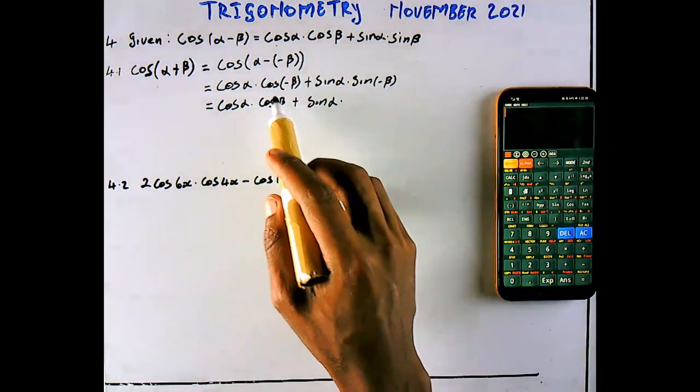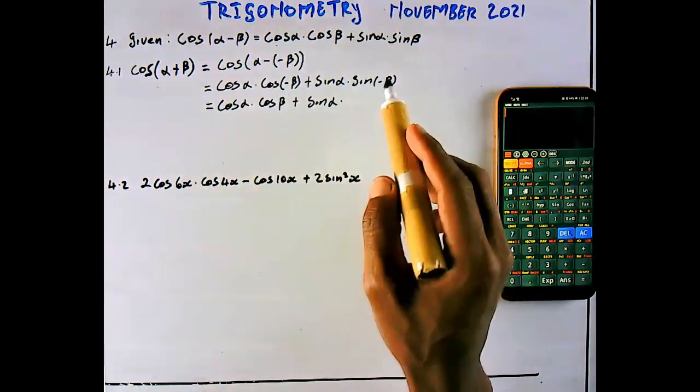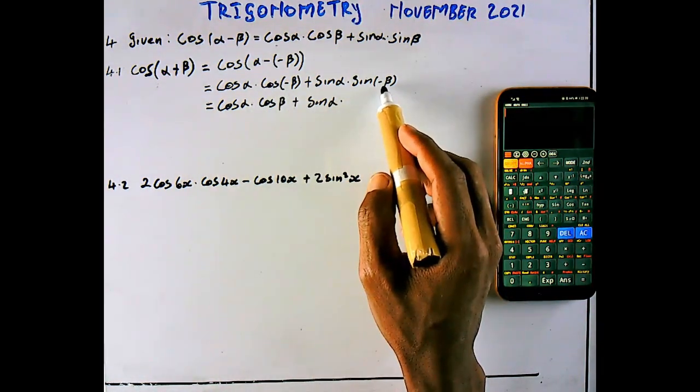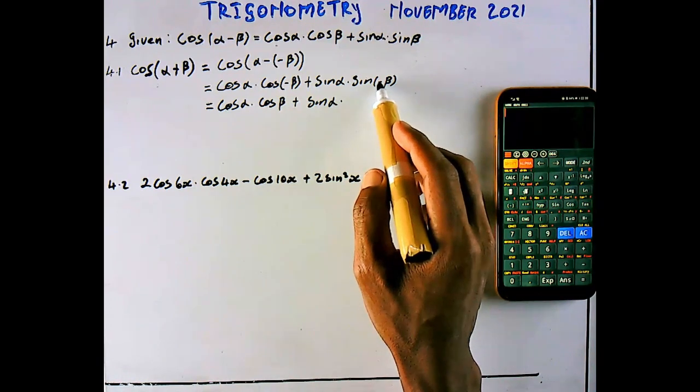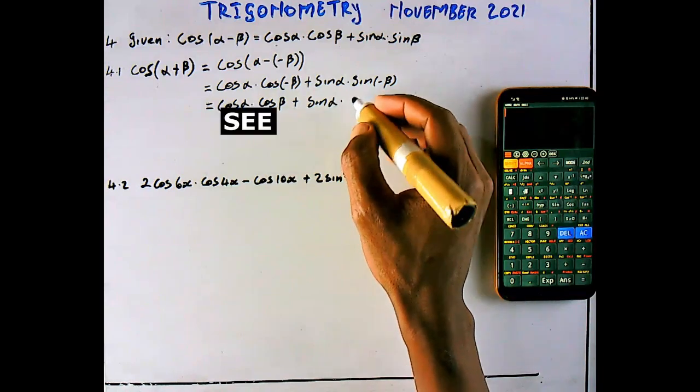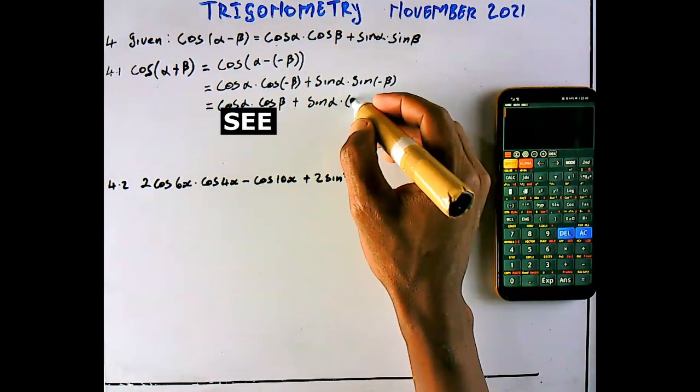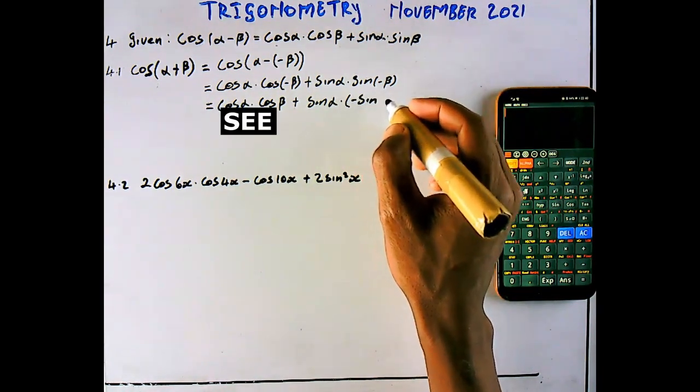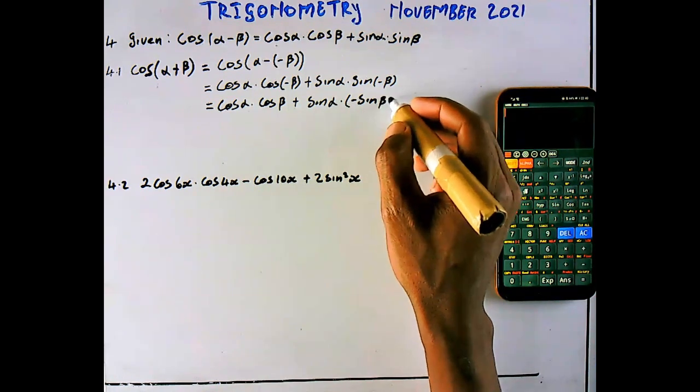Sine negative angle is not behaving like cos negative angle. If it's sine negative angle, then it carries the negative sign, so we're going to have negative sine beta.